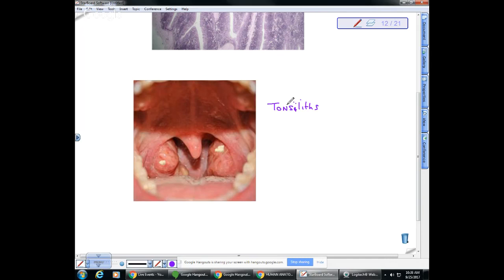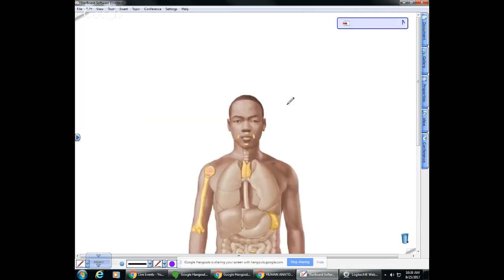Any questions about that idea? Okay. If we look at this diagram right here, this is the other diagram that I gave you. This would be the palatine tonsil. This would be my lingual, and this would be my pharyngeal.